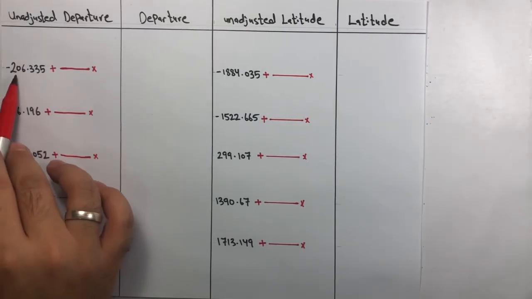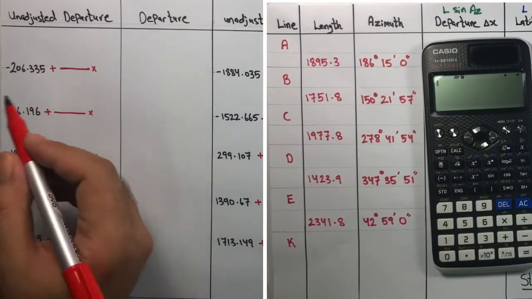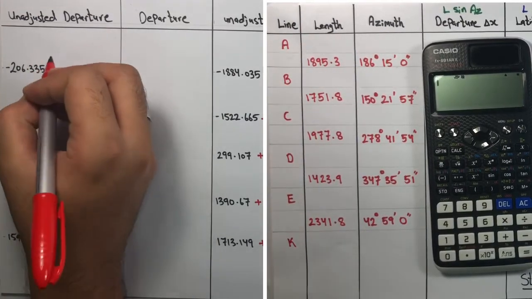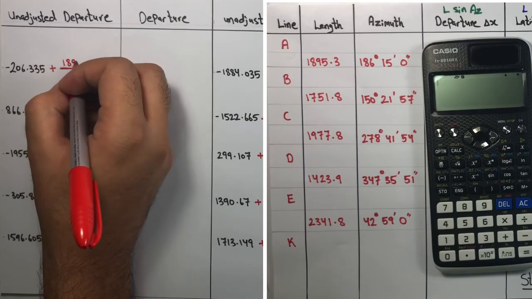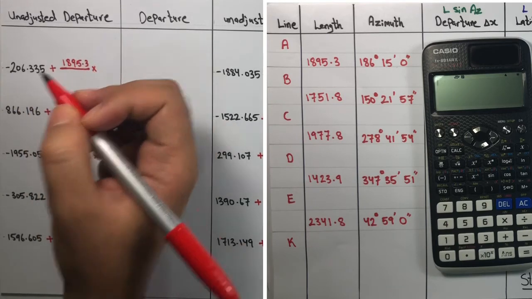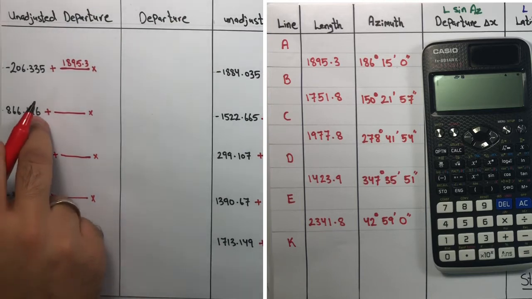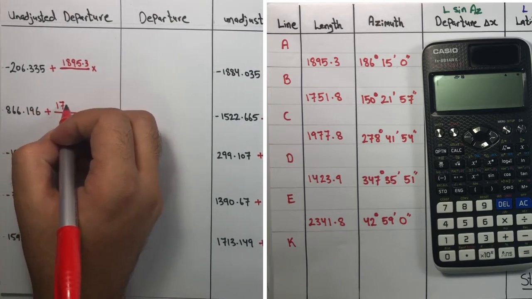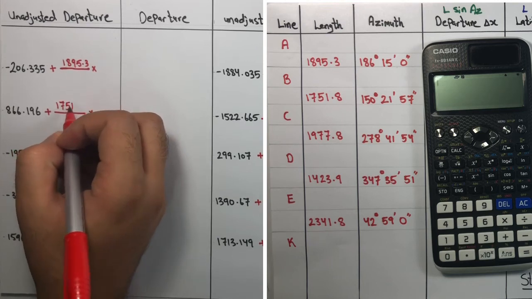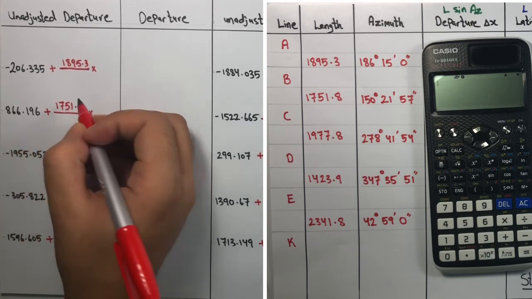For AB, this is the departure for AB, so the length of line AB would be 1895.3. For line BC, it will be 1751.8.